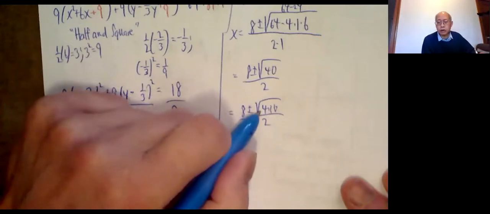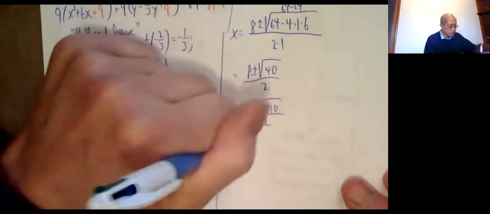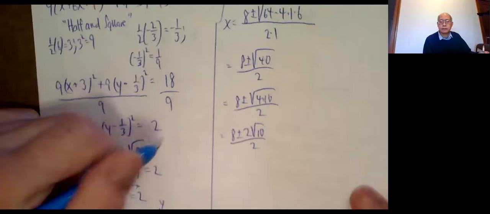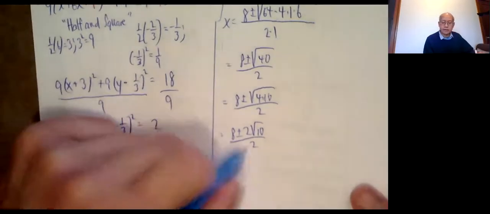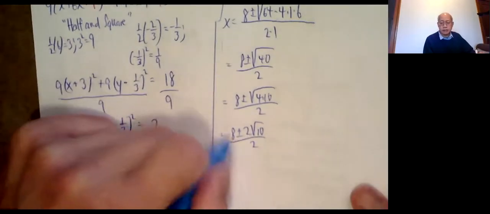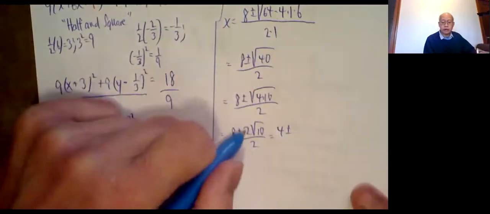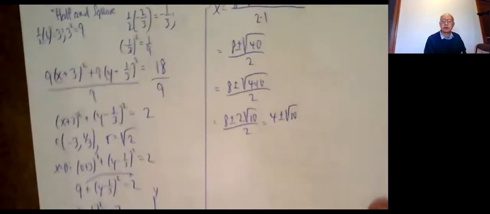And now what's the square root of 4? 2. So 2 comes outside, like that. And then I can divide 2 into each of these. So 8 divided by 2 is 4, and over here the 2's just cancel out. So 4 plus or minus radical 10. Final answer.